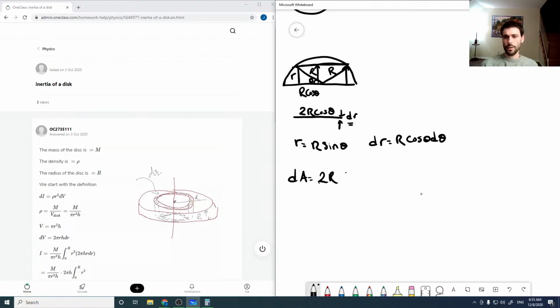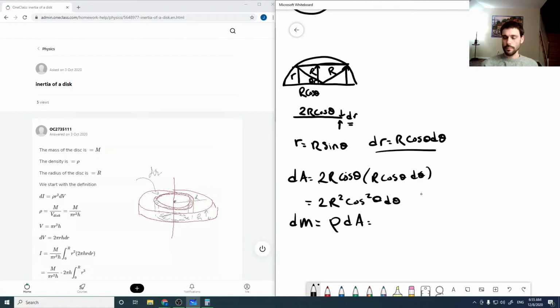So 2r cos theta times dr, but dr is this, r cos theta d theta, which is then 2r squared cos squared theta d theta. And so that's our area segment. And so our mass, just as previous, is going to be rho times our area segment, which is then 2 rho r squared cos squared theta d theta.